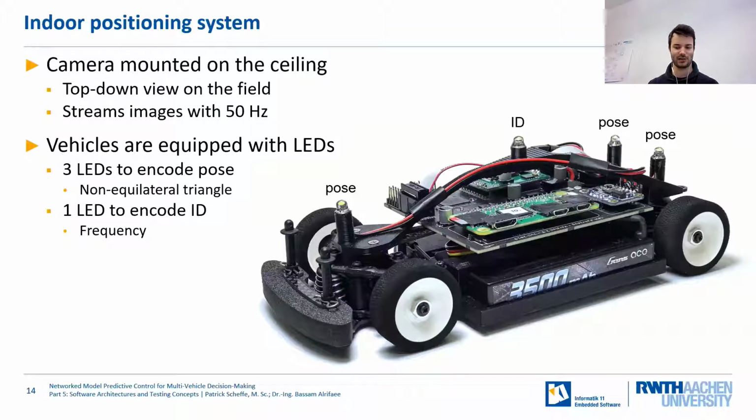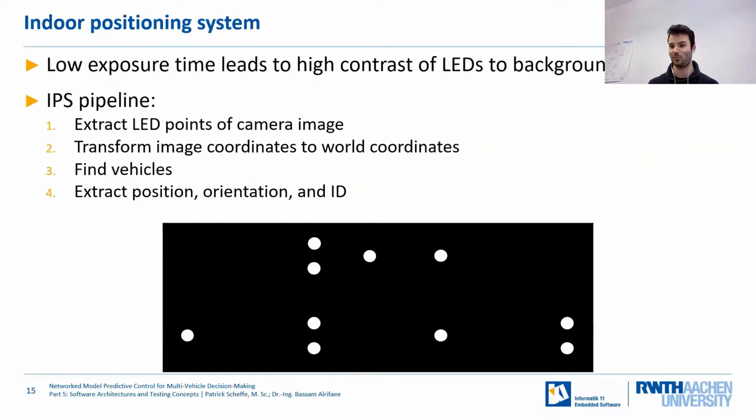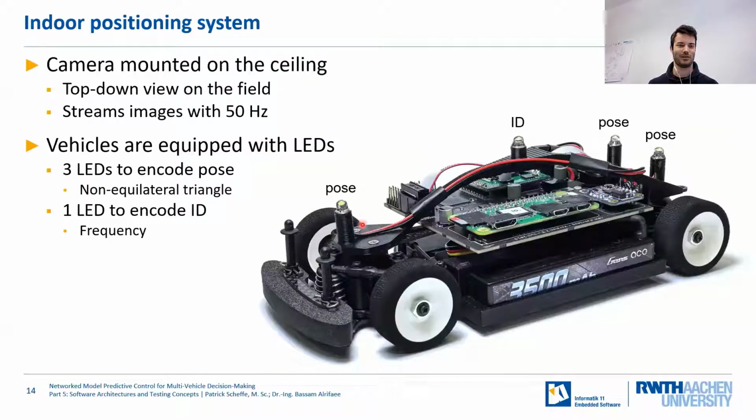So you just have a camera, and for example, you have a QR or AR tag on the component you want to see, or you have a specific arrangement of, I don't know, balls or something you can detect. Here, the vehicle that needs to be detected has an active part.